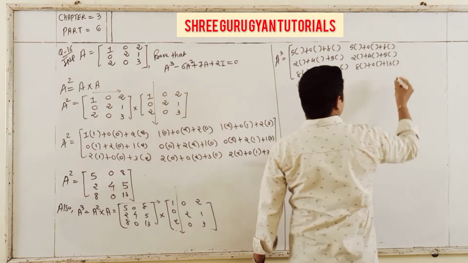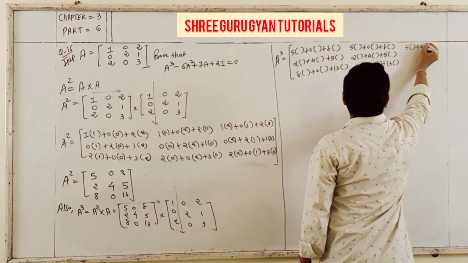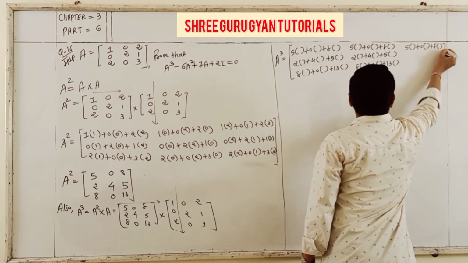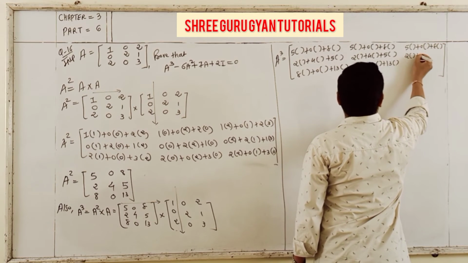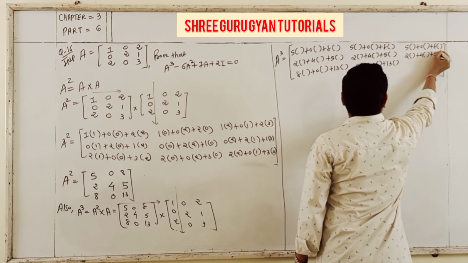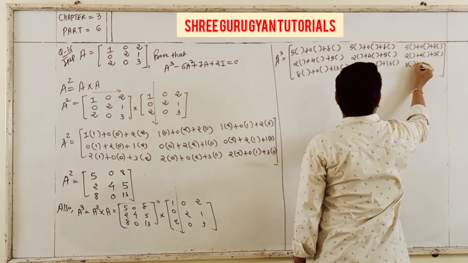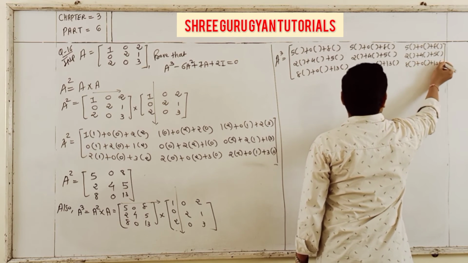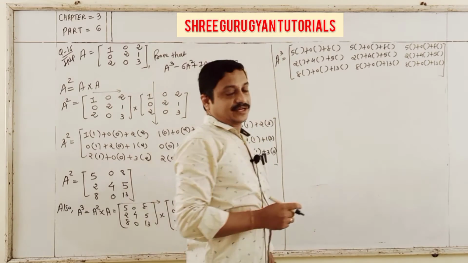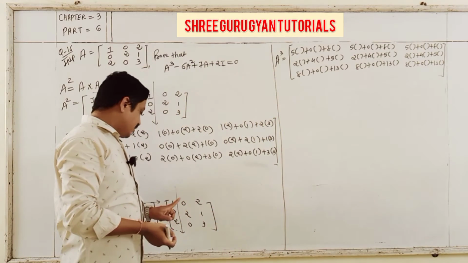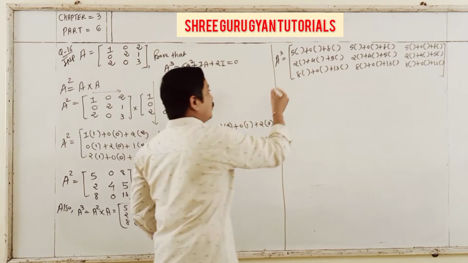And the third time also write down similarly 5, 0, 8, continue 2, 4, 5, and 8, 0, 30. And the value is put to column 1 0 2. Here put 1 0 2.